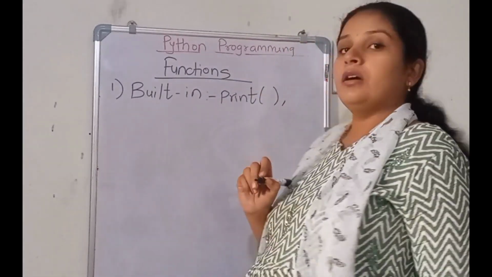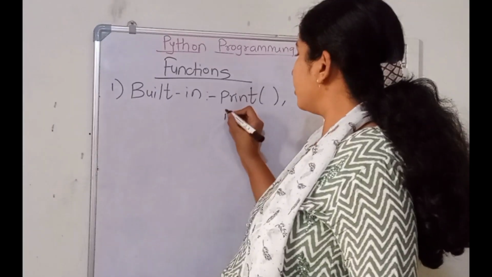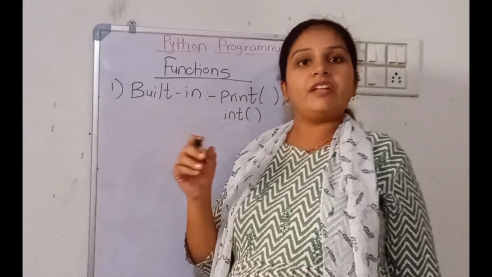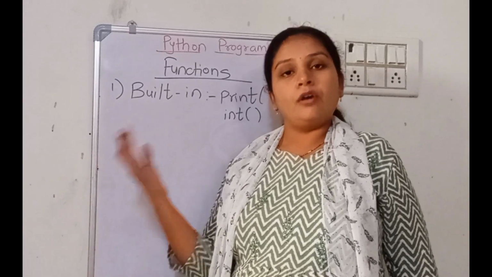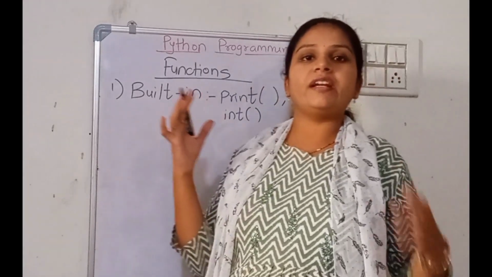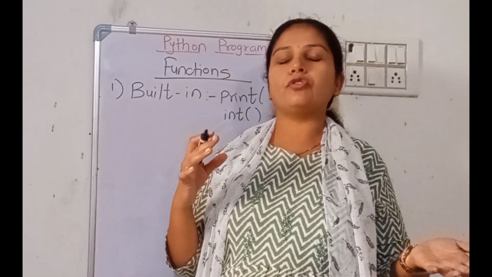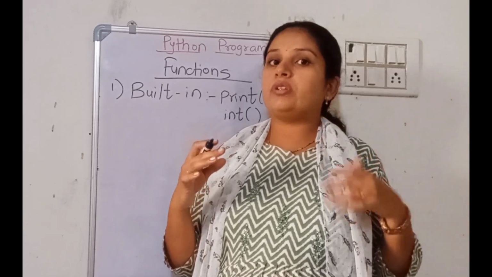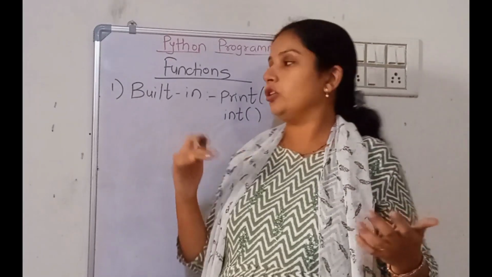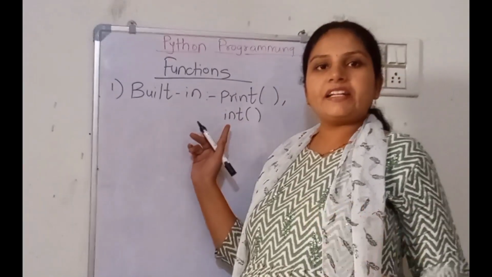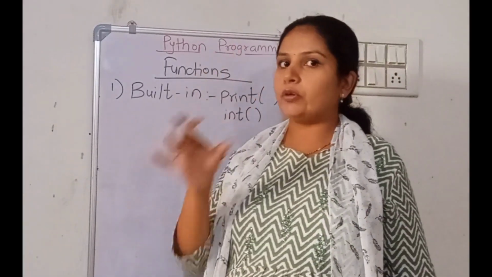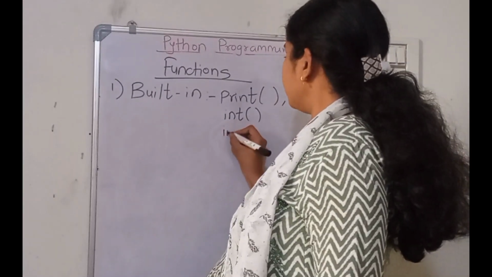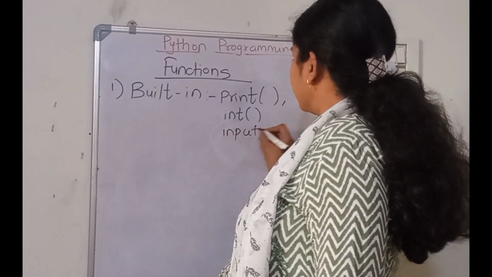The second built-in function is integer. If you remember the integer function, whenever you are taking input from the user, that input is taken by default as a string, but if you need a number, that is an integer value, then you must use this integer function to convert that value into an integer. And next is the input function.